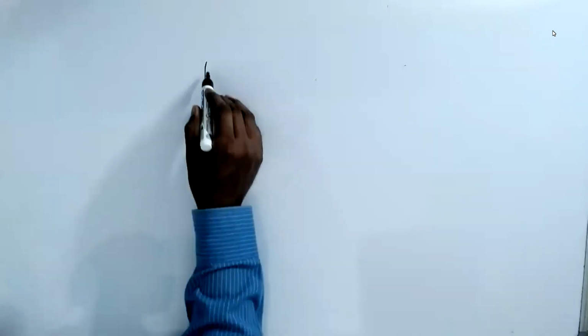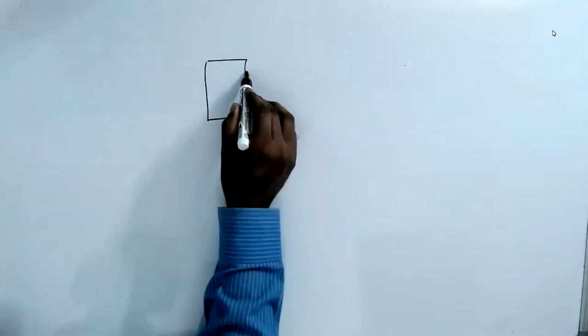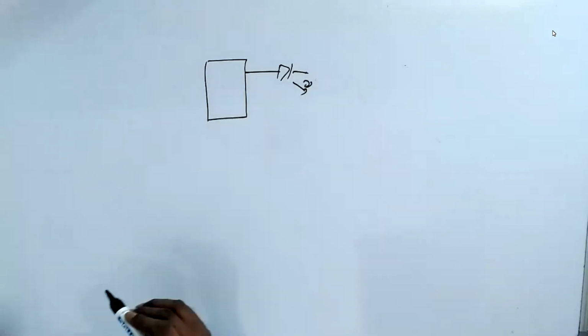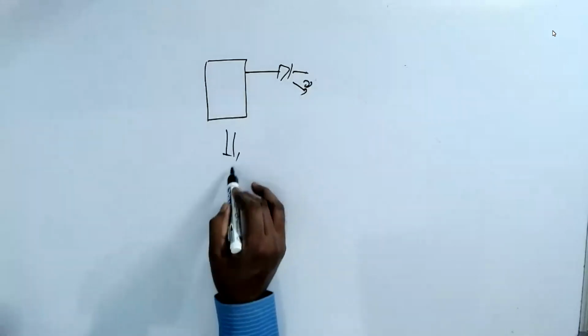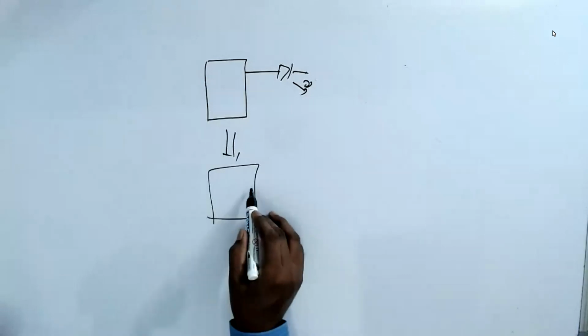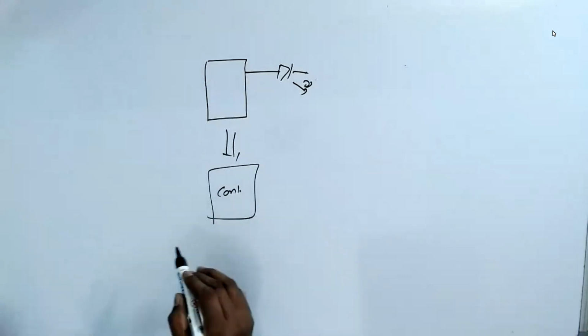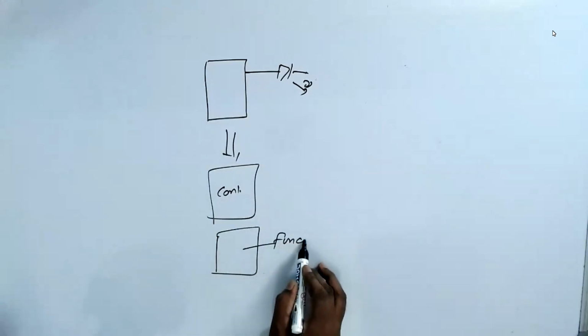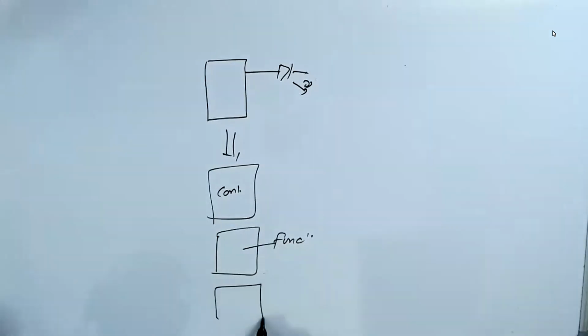Do you agree? In the initial days, when you turned an LED on, that was considered embedded system. Then people thought that using a controller was embedded system. Later, they thought using functions was embedded system. Today, they are saying that if you use an operating system, it becomes embedded system.